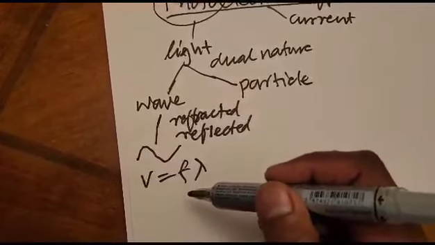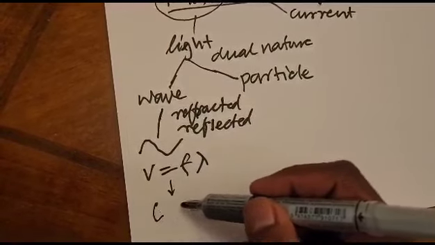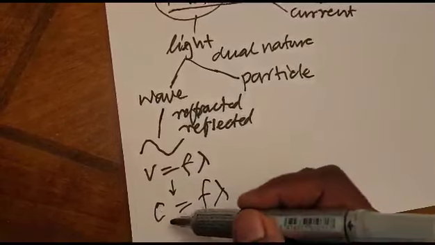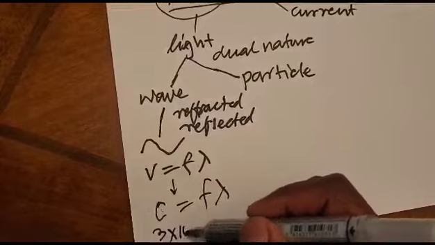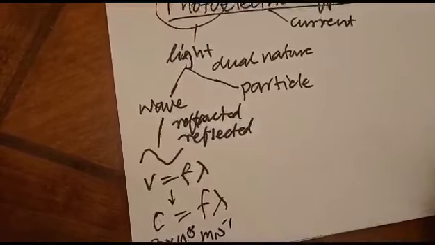Since the speed of light is constant, the formula is c equals f multiplied by lambda, where c is a constant value of 3 by 10 to exponent 8 meters per second.